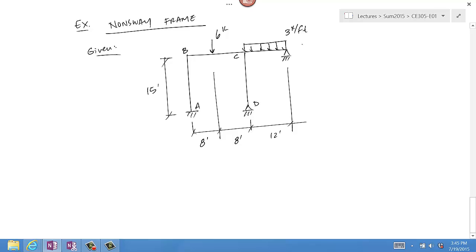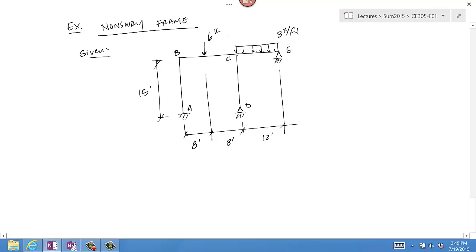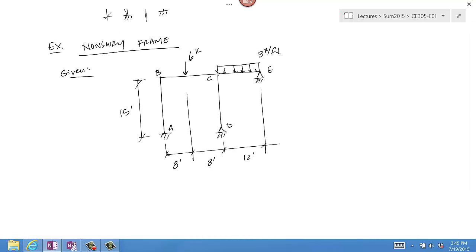Just going to label these joints. We also have to be given the E and the I. So E is 29,000 KSI for all the members.